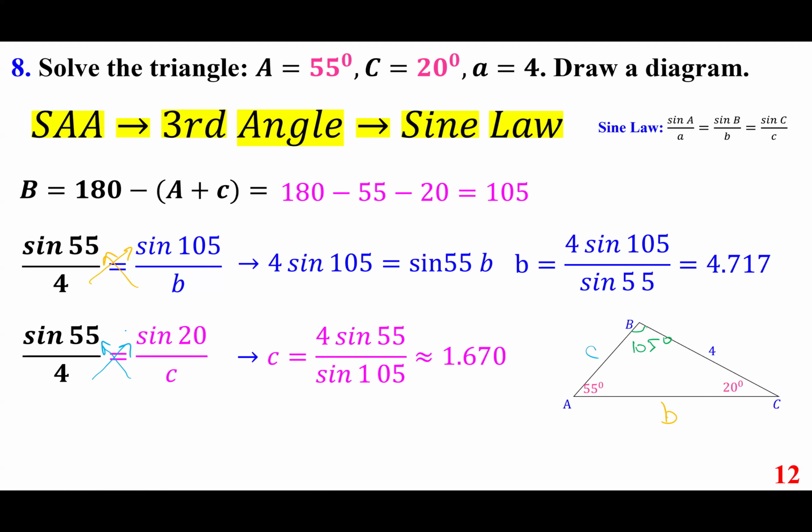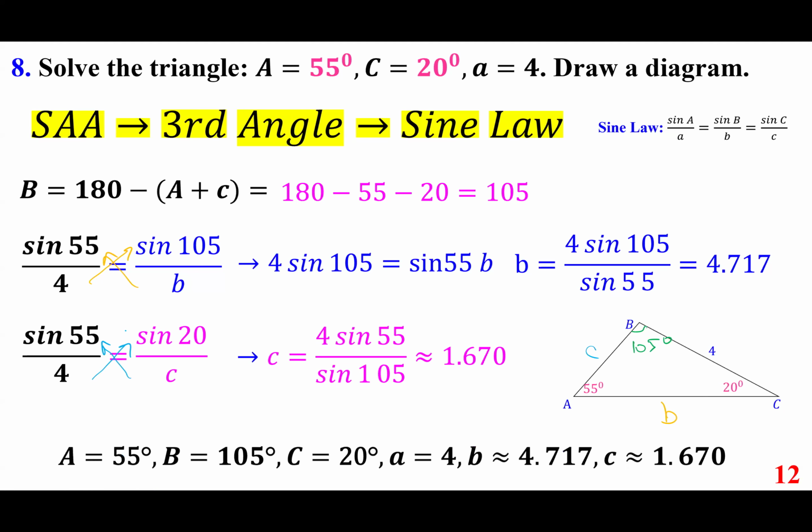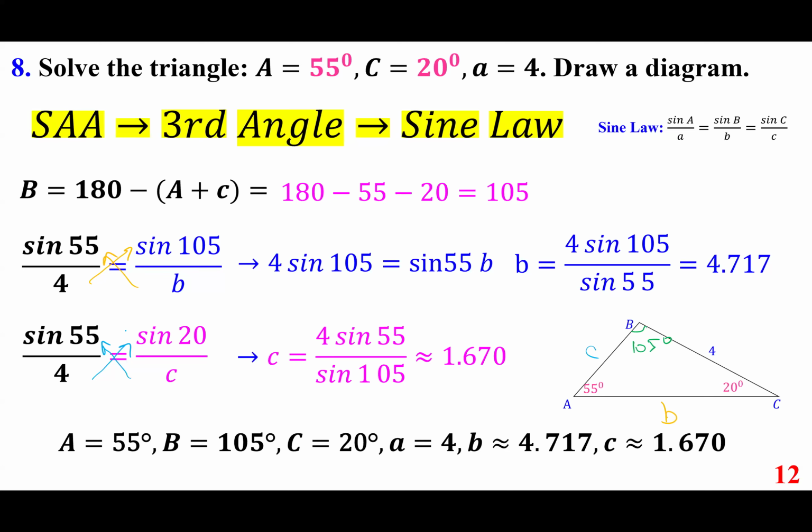And c is 4 sine 55 over sine of 105, which gives you 1.670. And we write all of those just in case.